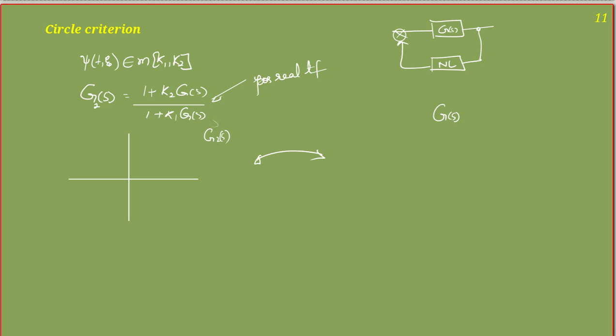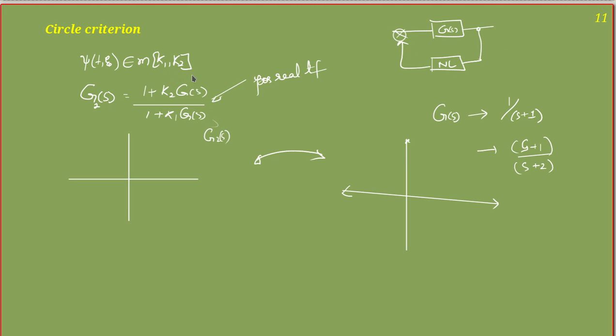Now the question is, can we use the same transfer function G of s itself? For example, if G of s is equal to 1 by s plus 1, or G of s is equal to s plus 1 by s plus 2, something of this sort. Can we use the Nyquist plot of G of s to check the stability of this system, where the nonlinearity lies within the sector k1 and k2?